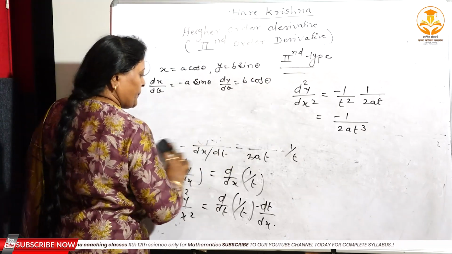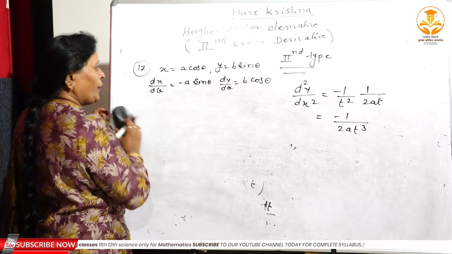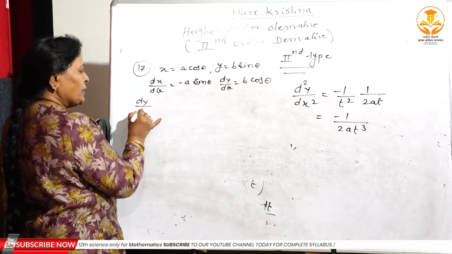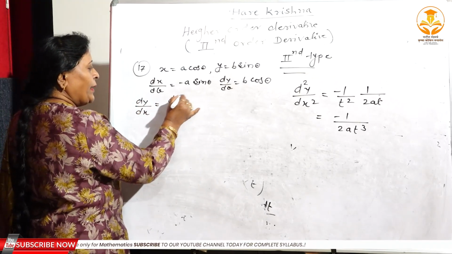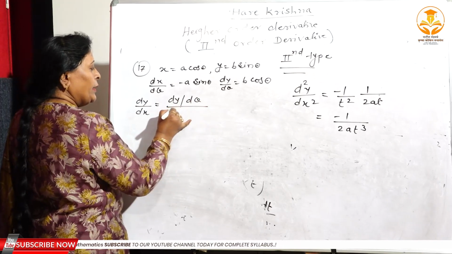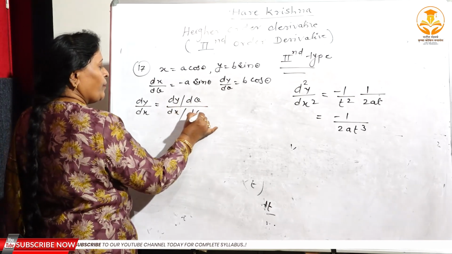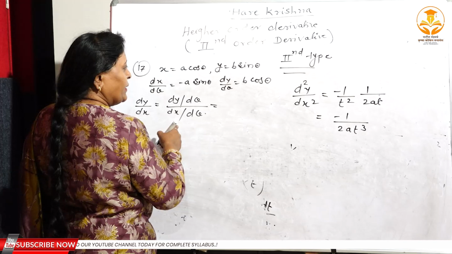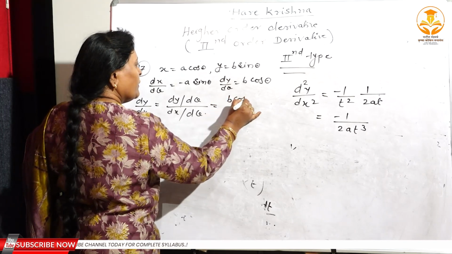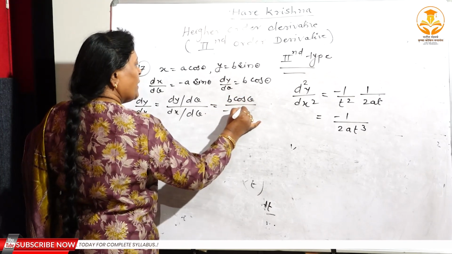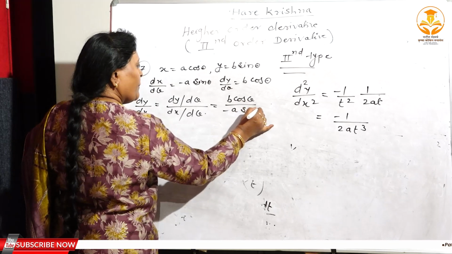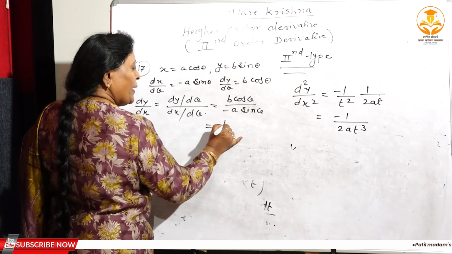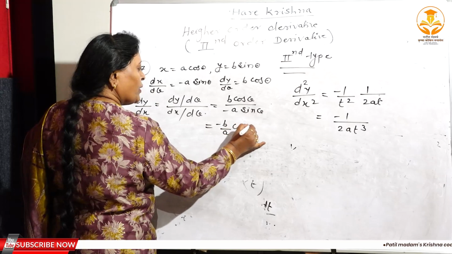See here, dy by dx is dy by d theta divided by dx by d theta. Right? dy by d theta, that is b cos theta, and here again minus a sin theta. Right? Now minus b by a remains as it is, and this is cot theta.